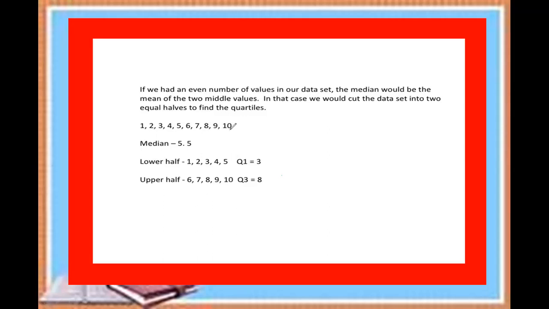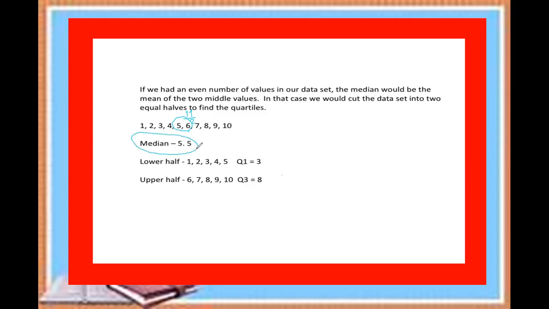So to get the median, we get the two middle values. The two middle values here are 5 and 6, and 5 plus 6 is 11. To get the average, 11 divided by 2, that is why we get the median, which is 5.5.